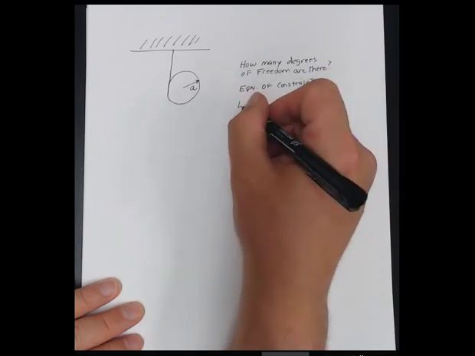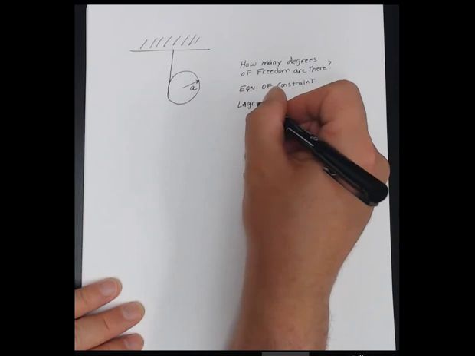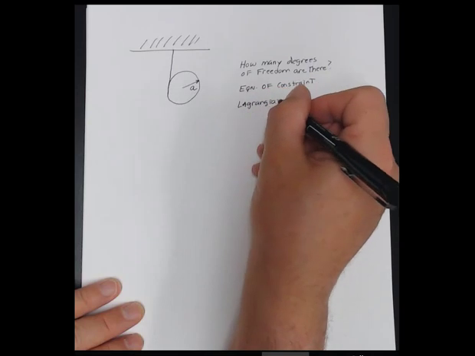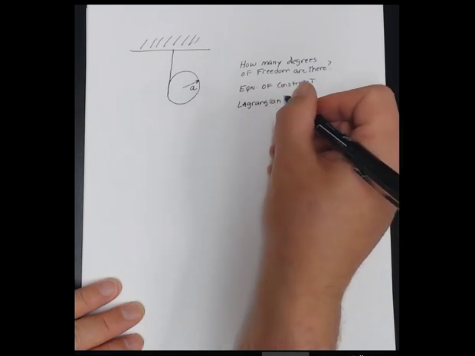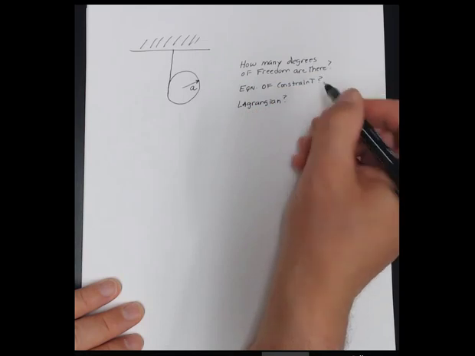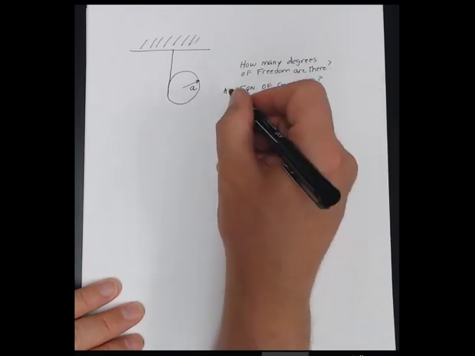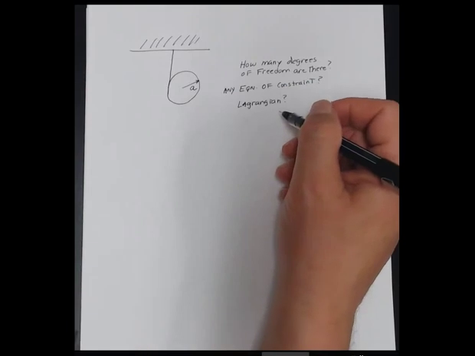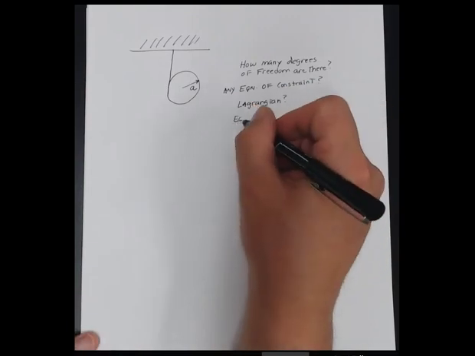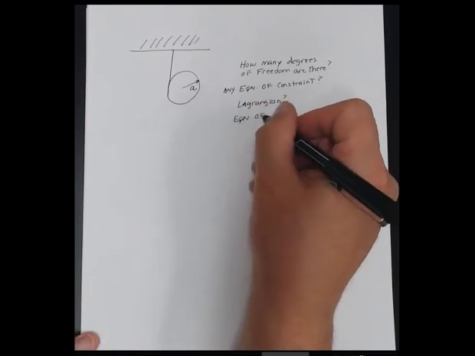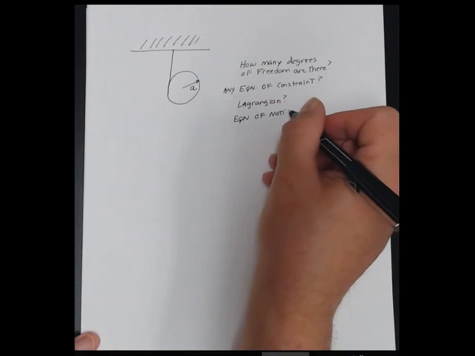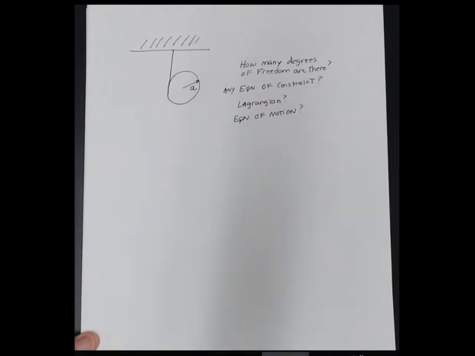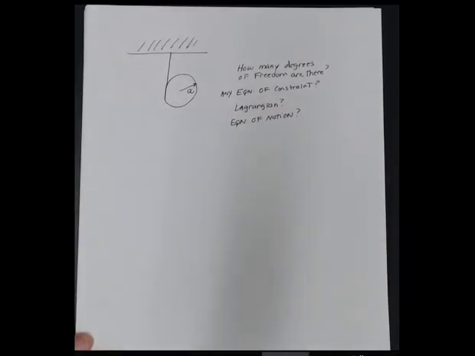Write the Lagrangian for this. So say any equation of constraint, Lagrangian, and then try to find the equation of motion. So I encourage you to pause the video right now and see if you can do this.